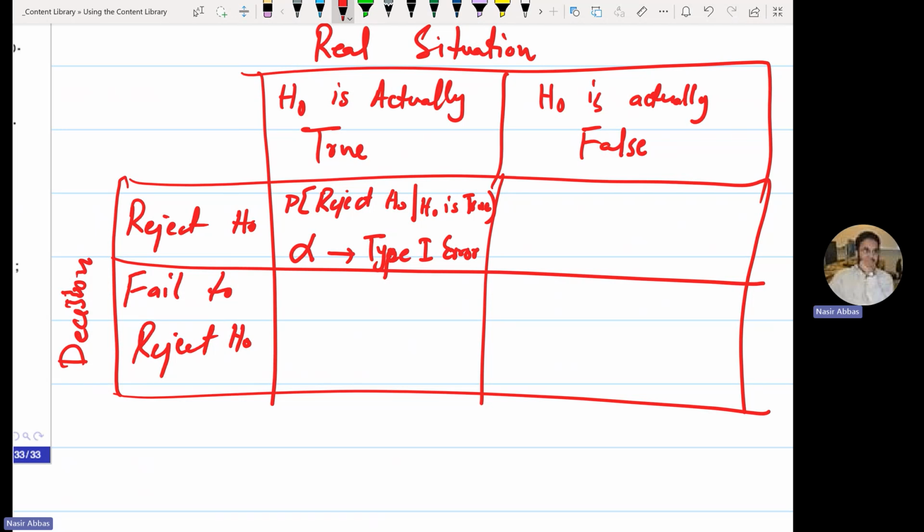Then the second cell. H0 was actually false. H0 was criminal. And you did what? You sentenced the criminal. Is that a correct decision? The probability of rejecting H0 given H0 is false.